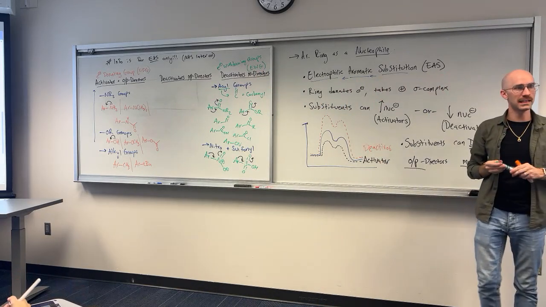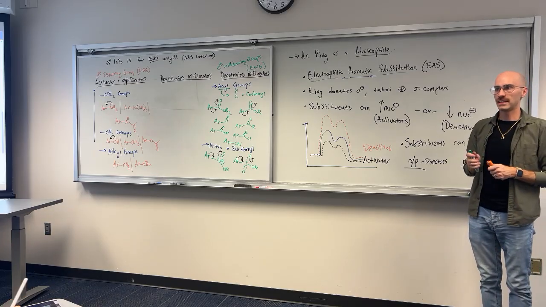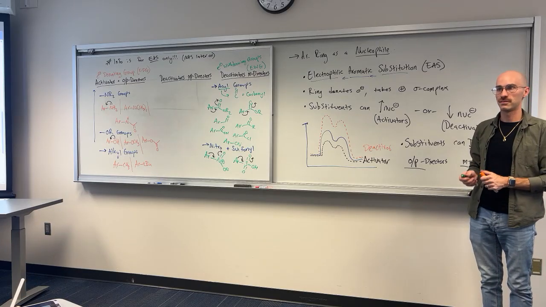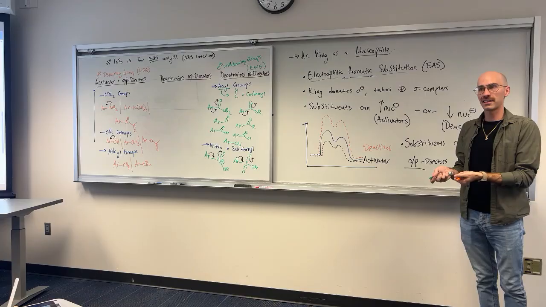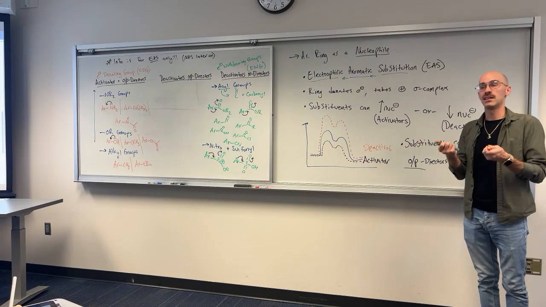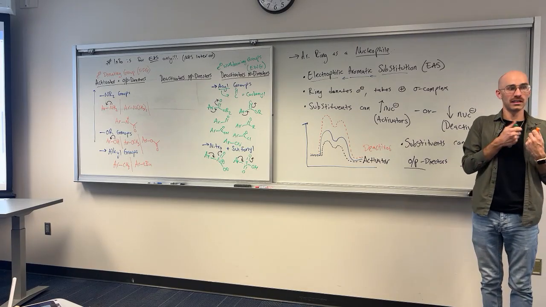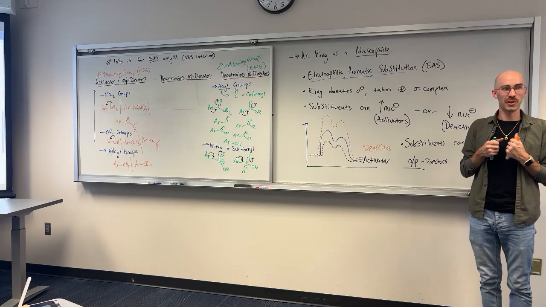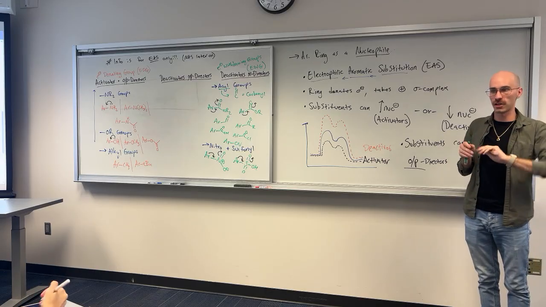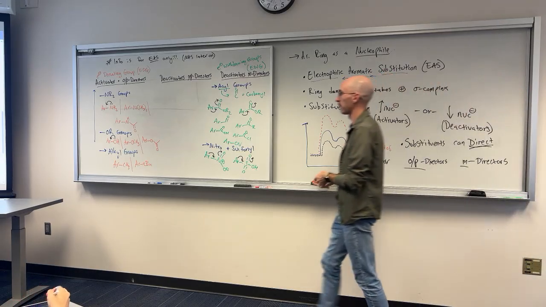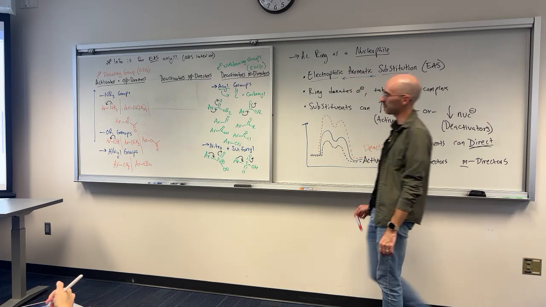We've got this family in the middle that actually does a bit of both. Donates electrons in some ways, but pulls electron density in other ways. So it's harder to give this other family such a cute little name. Can you guess what it is?